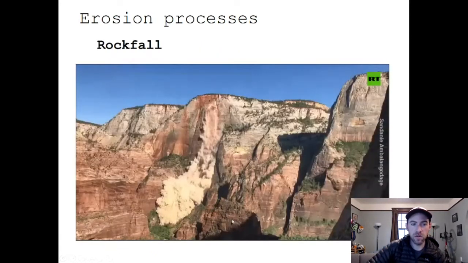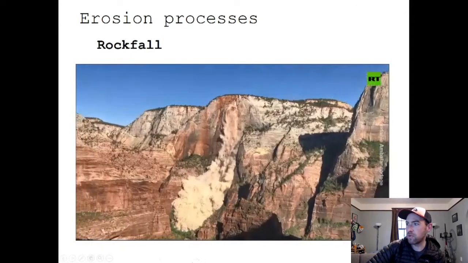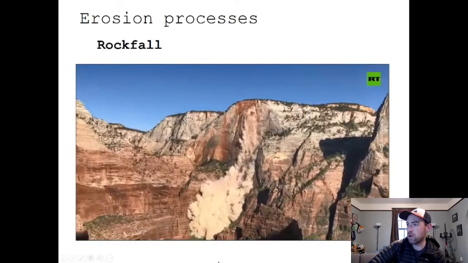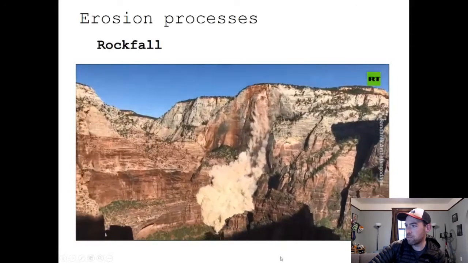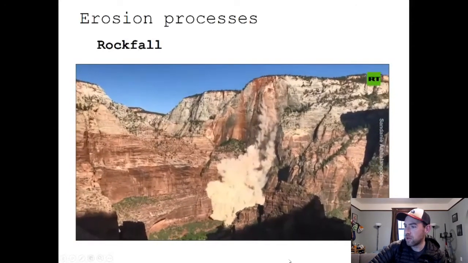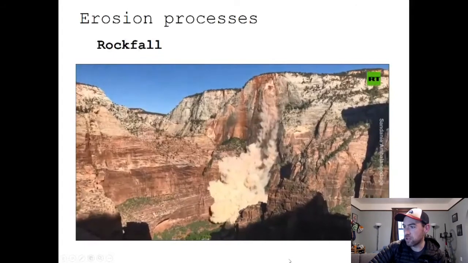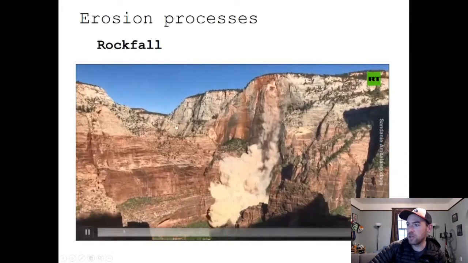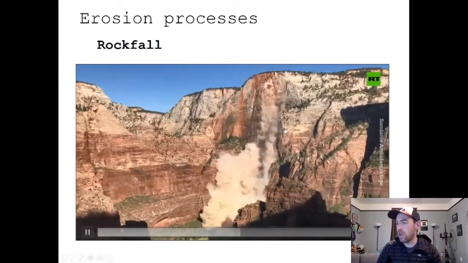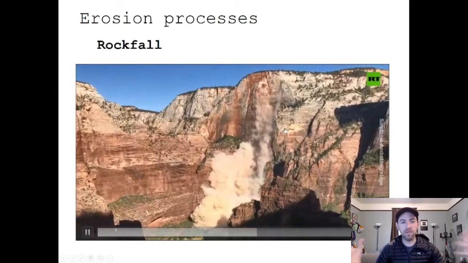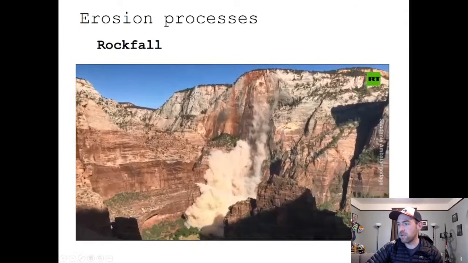Other processes can include rockfall. Here's a great example of rockfall from Zion National Park. This is a really spectacular example. As a function of thermal expansion and so forth, these rocks are breaking apart slowly, right? And every once in a while they catastrophically fail, like in the example of this video here.